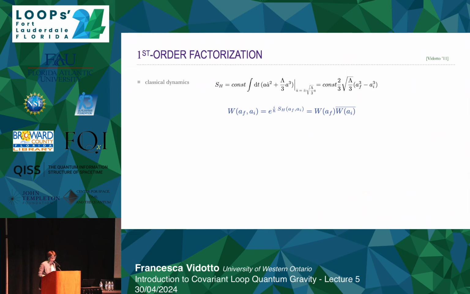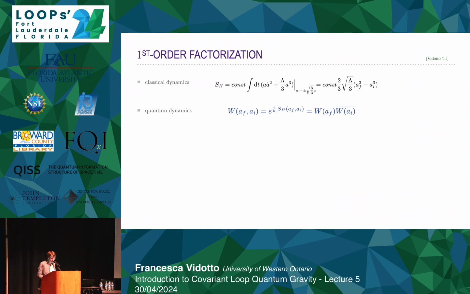And this is reflected in a factorization in the transition amplitudes that you can compute with this object. So the amplitude factorizes into the probability of the universe to have a given scale factor and the probability of the universe to have another scale factor. So this factorization is just an effect of the approximations that you are doing.